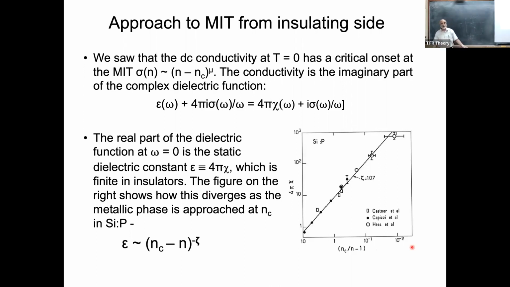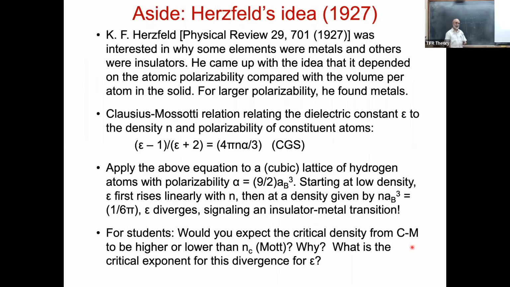So why does the dielectric constant diverge? Okay, so I want to take a step back and tell you about a paper that appeared in 1927, well before Bhatt even was thinking about the metal insulator transition. This was a paper by a guy called Herzfeld. There I've given the reference, it's in Physical Review. There were no A, B, C's at that time.